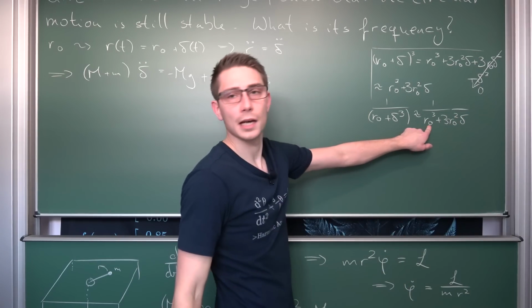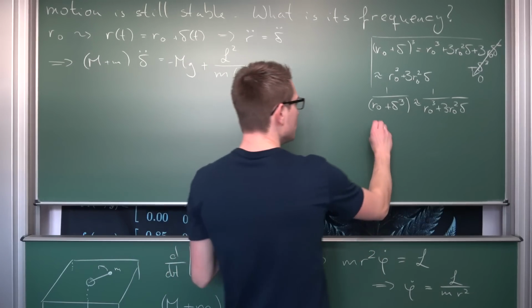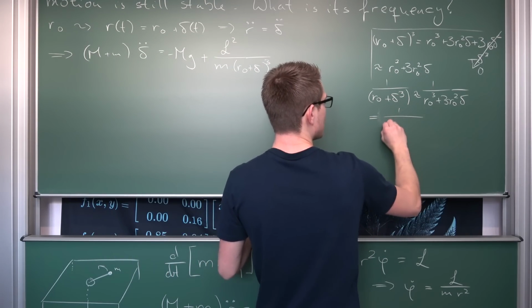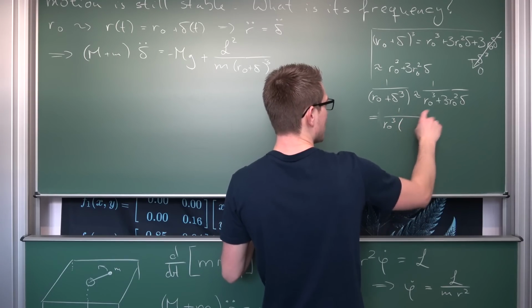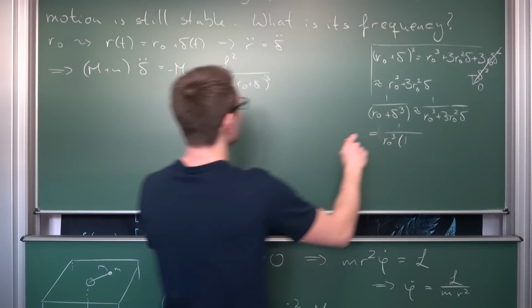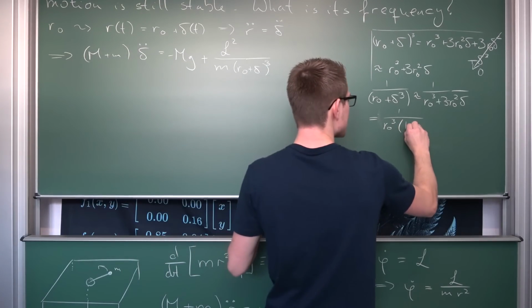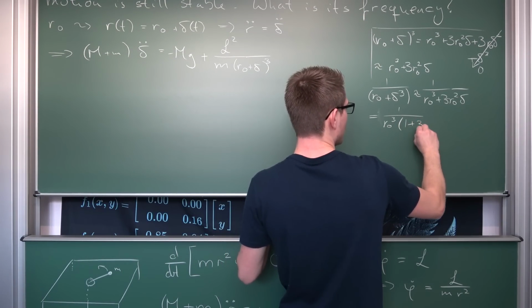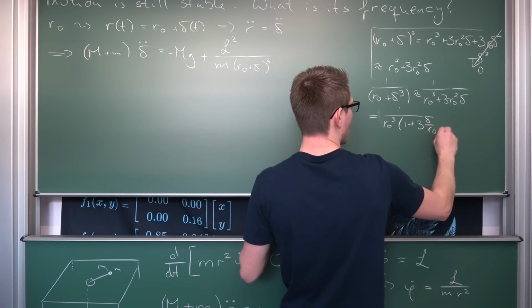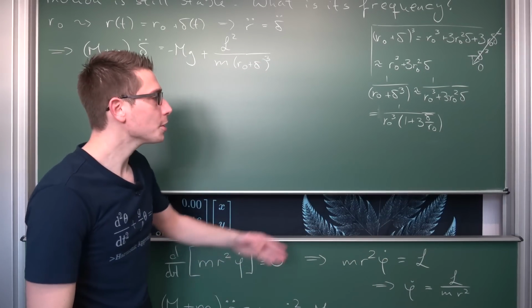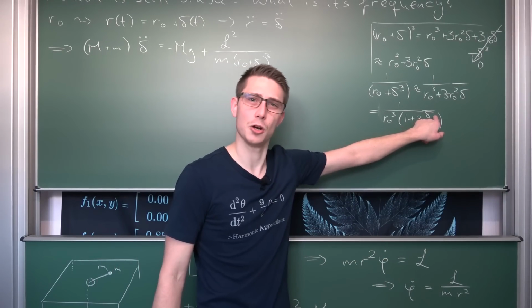And now we are going to factor out the r naught to the third power, meaning overall this is going to be equal to 1 divided by r naught to the third power times, okay, 1 plus 3 delta divided by r naught. Now we are going to go one step further, because we want to have all those delta terms vanish down here.